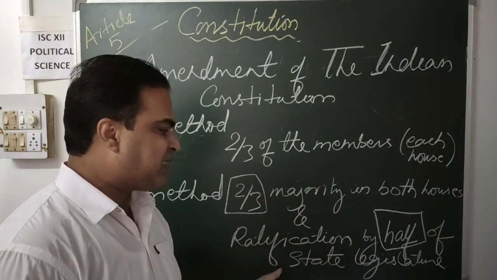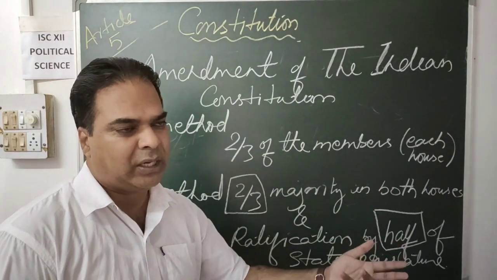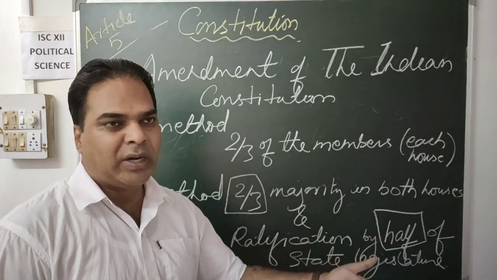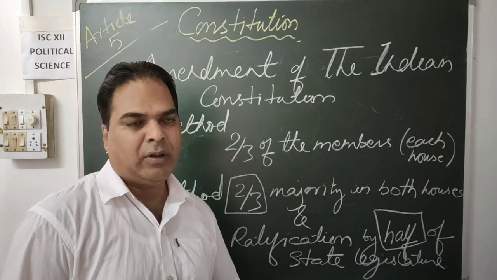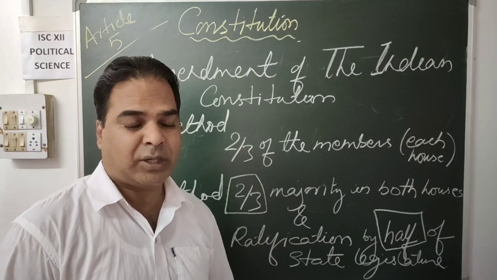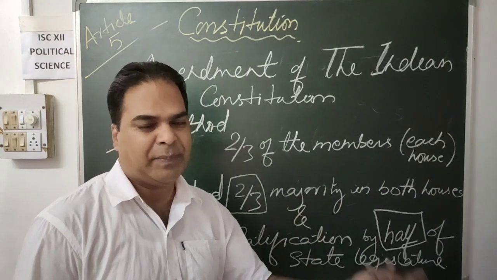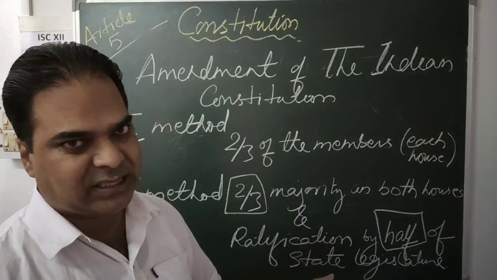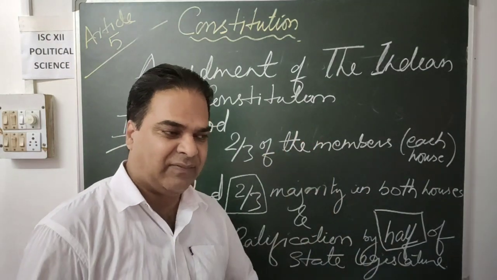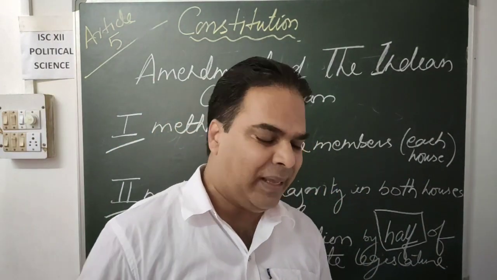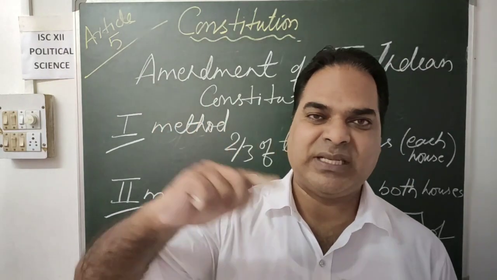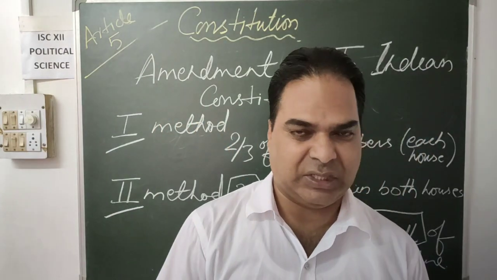So half of the state legislatures. That means 29 states are there. Out of 29, half means how much? Let us take it 14 or 15. If the state legislatures agree, if they give the consent, then the amendment bill will be passed and sent to the president for his assent.